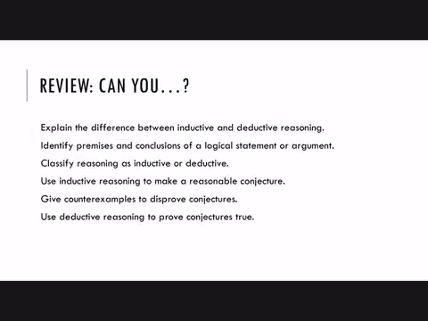All right, so that concludes our discussion of this topic, inductive and deductive reasoning. So see if you can do these things. Explain the difference between inductive and deductive reasoning. Identify premises and conclusions. So we kind of marked up statements or arguments. Okay, we marked them, premises, conclusions, labeled them.